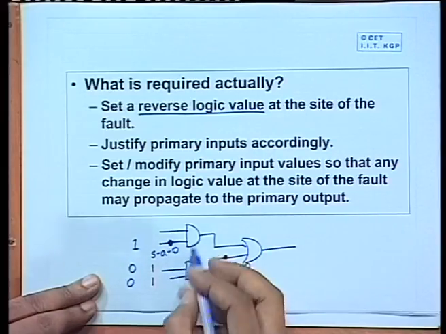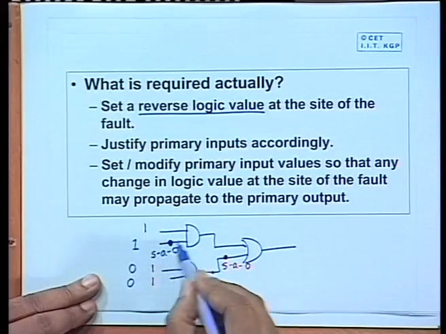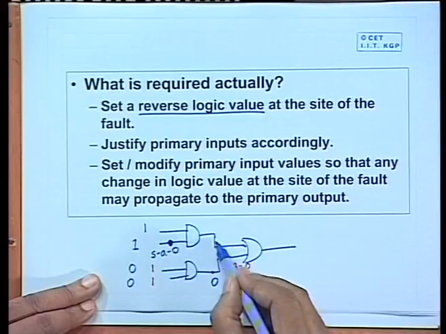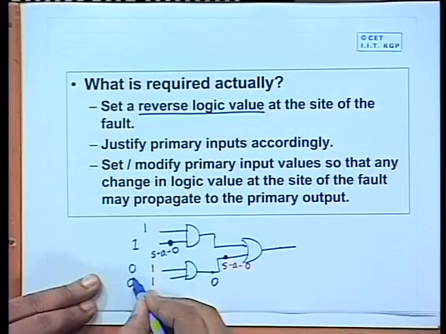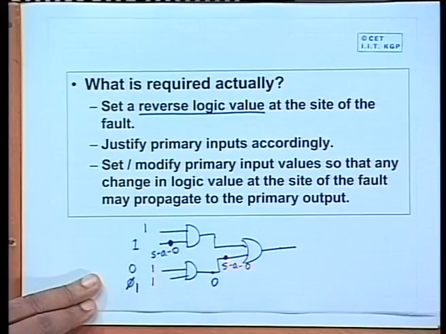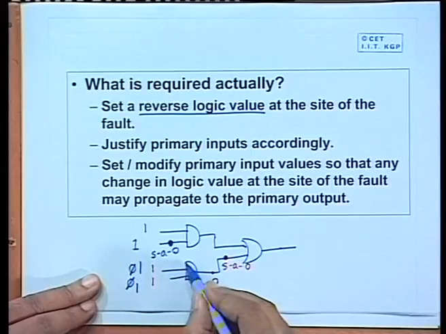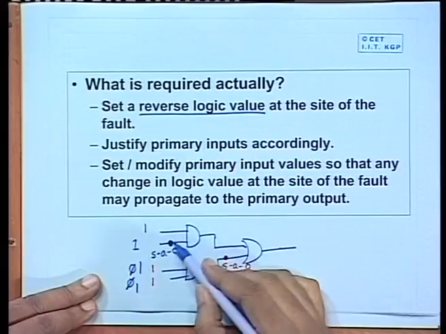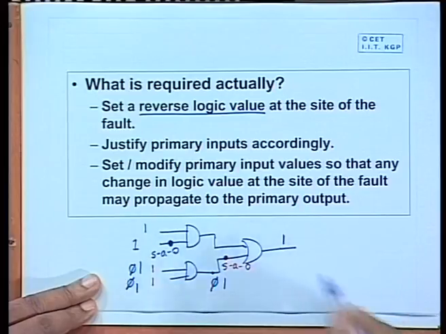Then I will have to apply a 1 on the other input also, so that any change out here will propagate here, and since this input is 0, this change will also go to the output and we can detect it. But suppose I have applied, not 0 1, 1 1, 1 1. Since this is an AND gate, the output will be 1, and irrespective of what is happening in this gate, the output of this OR gate will be 1, and this fault cannot be detected.